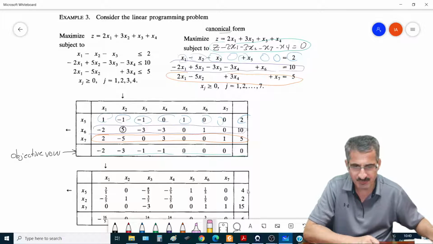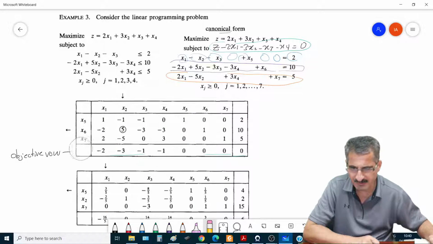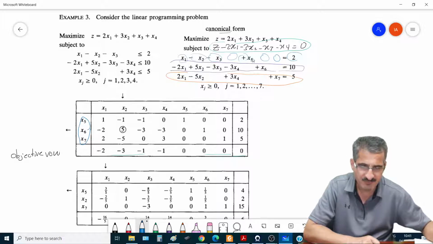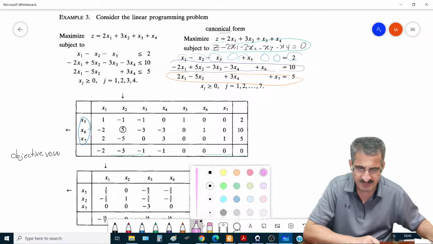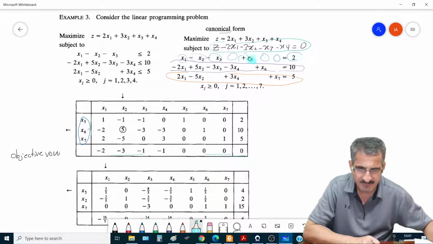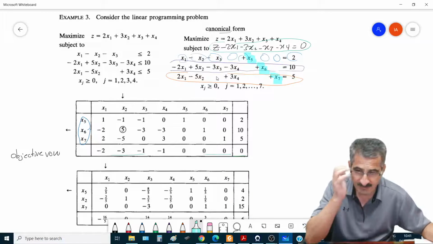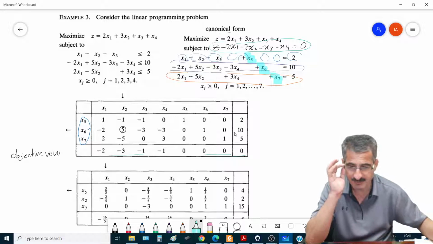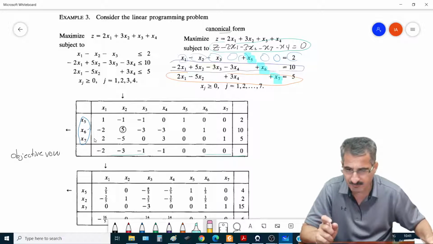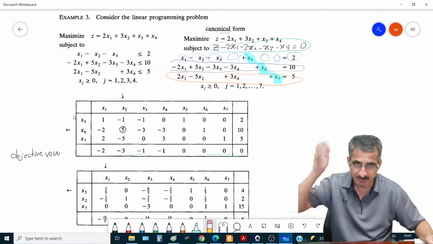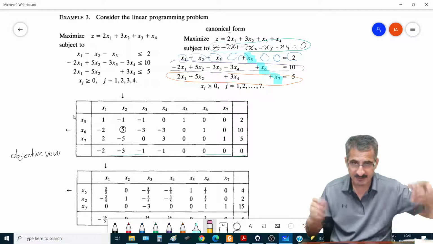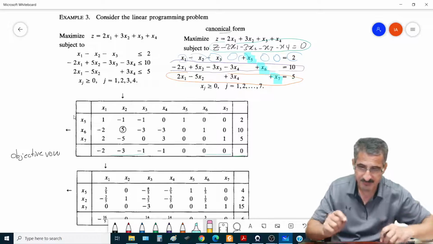Now let us work with what we have learned. Notice here the basic variables are x5, x6, x7. They are the slack variables. Now we want to make one of them depart and enter one of the other variables, x1 to x4.